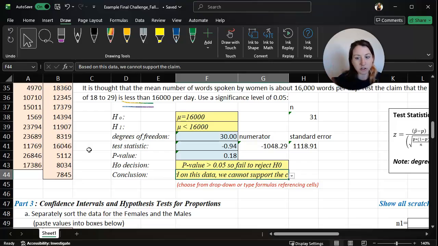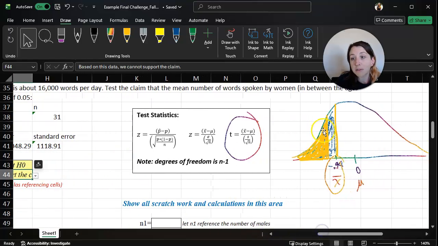It really can help your understanding of what we're actually doing here. Again, I've brought up the idea of a rejection region, which is where alpha falls. If your test statistic falls in that rejection region, it is so far away from the claimed population mean that we question whether that's even true or not. In this case, that's not far enough away for us to question that value.